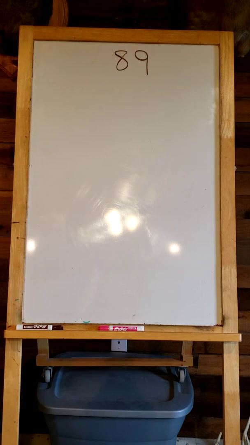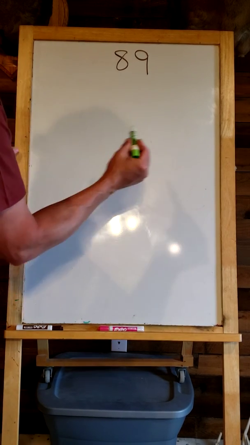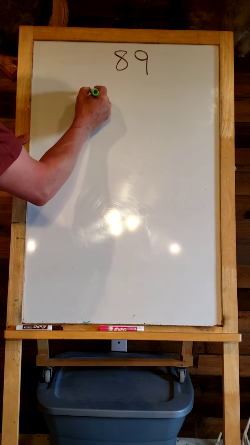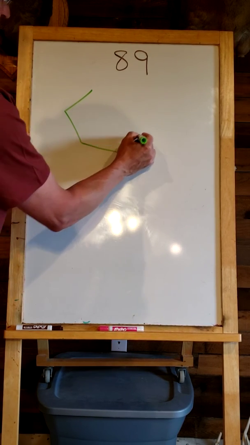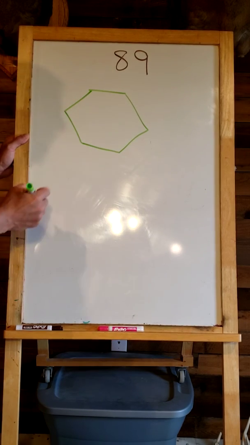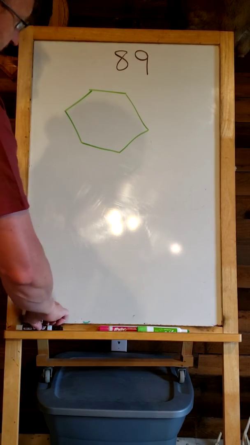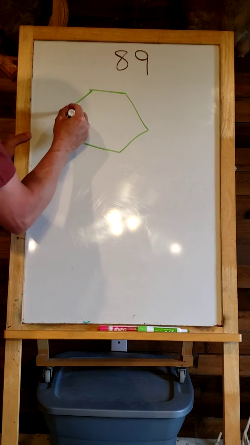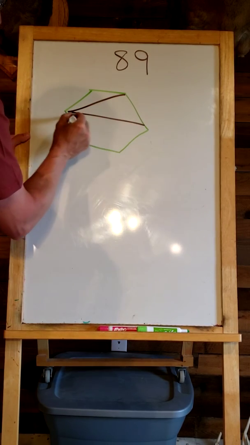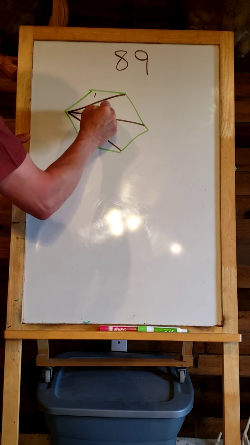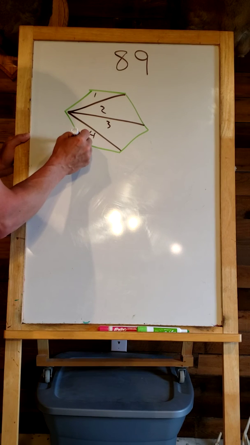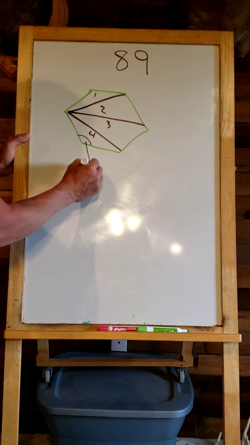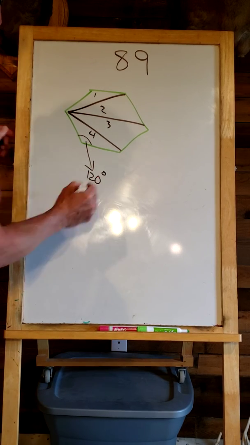Now, exterior angles. This is going to be a combination of the interior angles to find our exterior. Let's go back to our hexagon. With our hexagon, you remember that we just did, it cut into 4 triangles, and we found that each interior angle was 120 degrees.